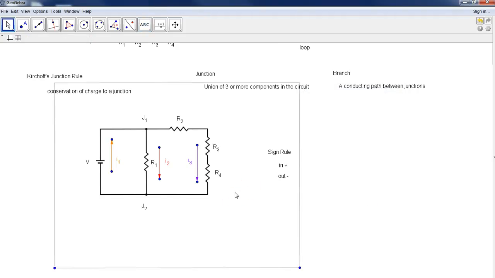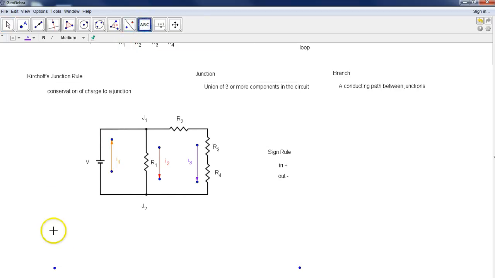Three branches, three currents. And now that I have each of the branches identified with a current, conservation of charge tells me that the sum of the currents at a given junction has to add up to 0.